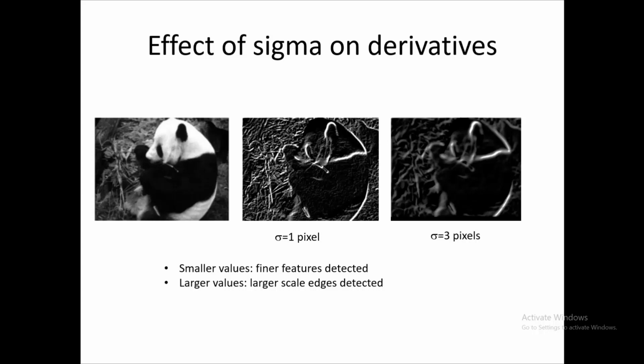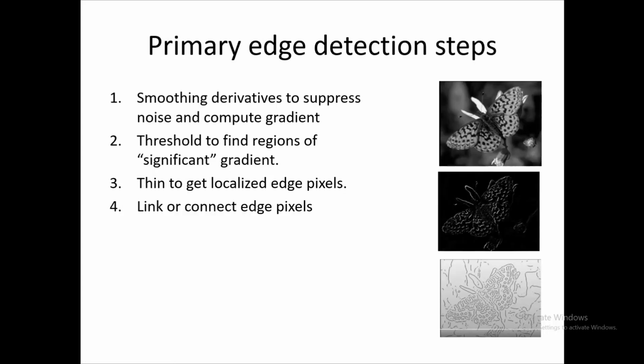And as we can see here, with smaller values finer features are detected, and with larger values large-scale edges are detected. And now we know how to compute the smooth derivatives and gradients.